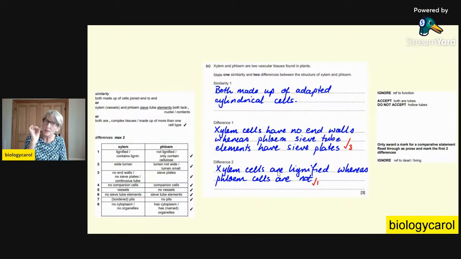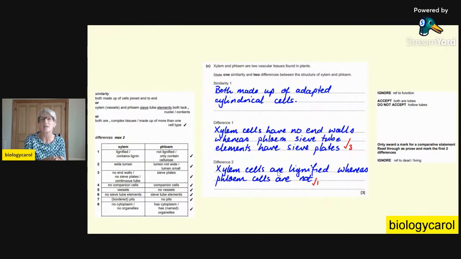Second difference, I was talking about lignin: yes in xylem, no in phloem. Don't start muddling up your differences. Saying xylem cells have lignin, whereas phloem cells have sieve plates, well, that isn't a difference. You've got to compare the same feature in both things that you're talking about.